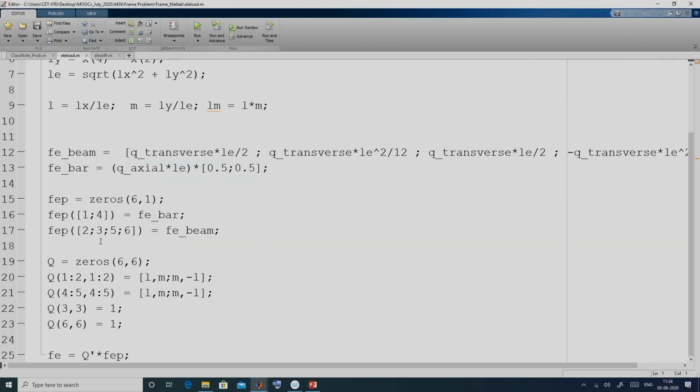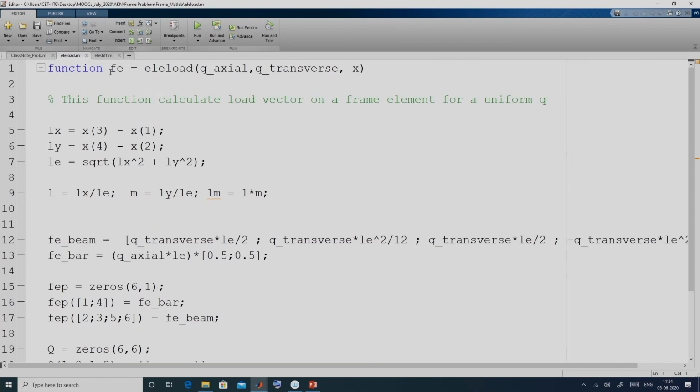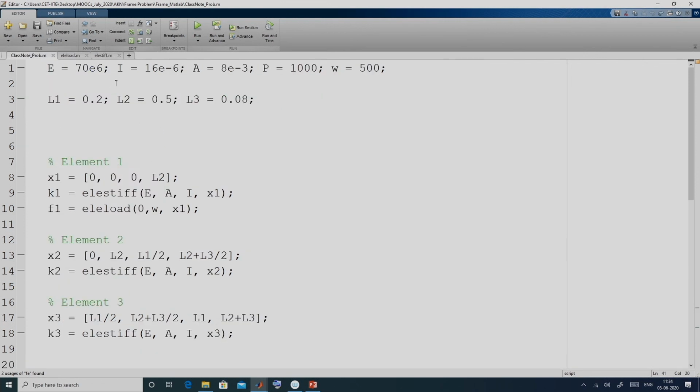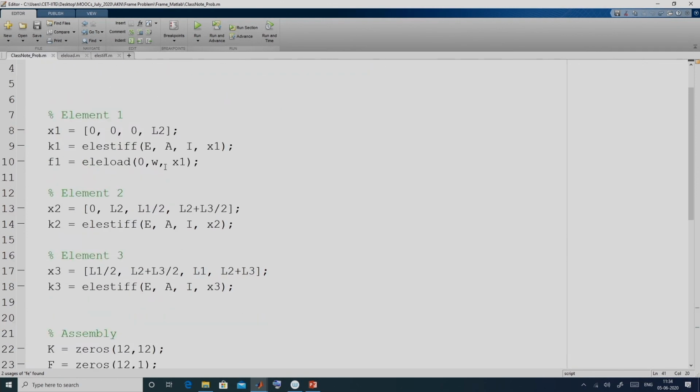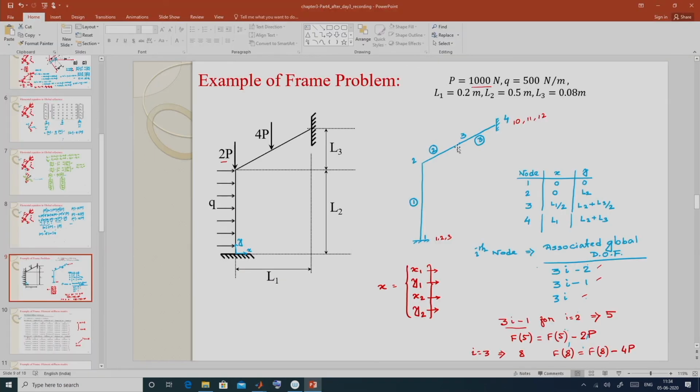So, this function returns that Fe in global reference frame. We use these two functions LStiff and LE load in our main program to calculate element stiffness matrix for all the three elements.